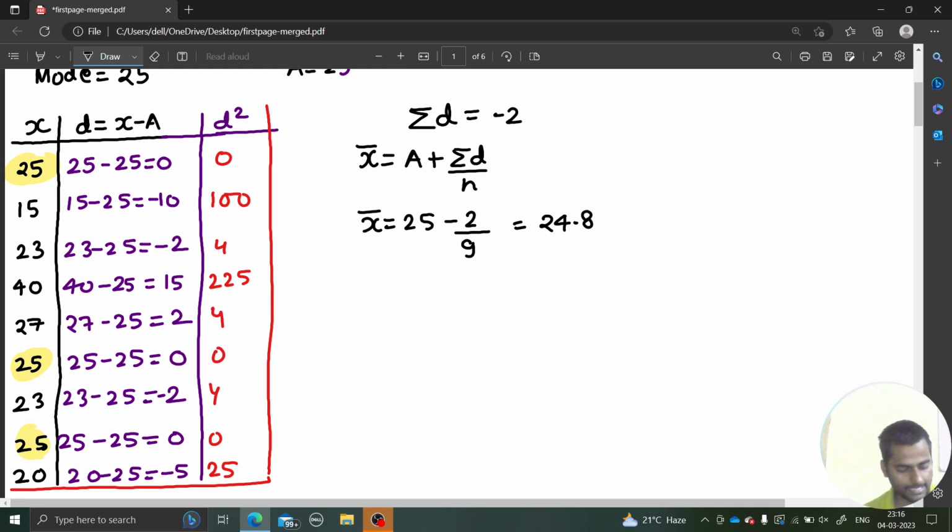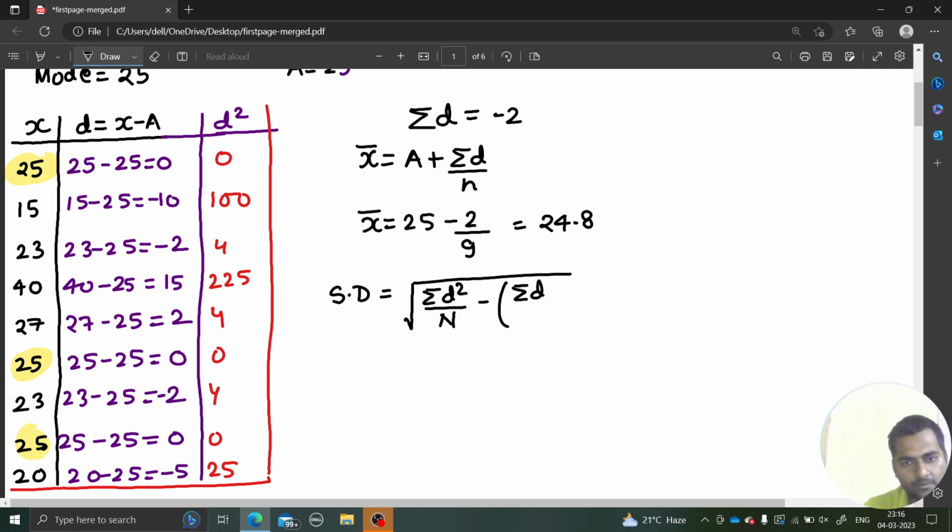Now what is the next target? The next target is to find the standard deviation. So standard deviation is simply under root summation d square divided by n minus summation d by n whole square.